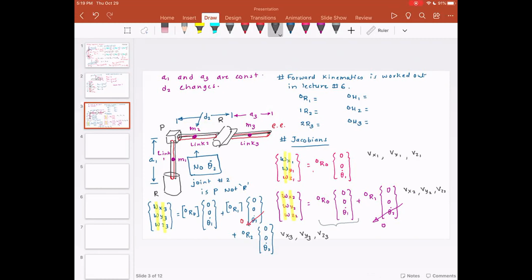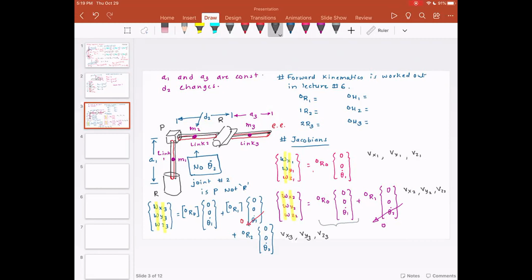So all these need to be found out, and you have to proceed very systematically, in a step-by-step approach to solve this problem.